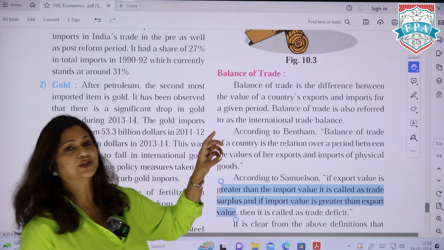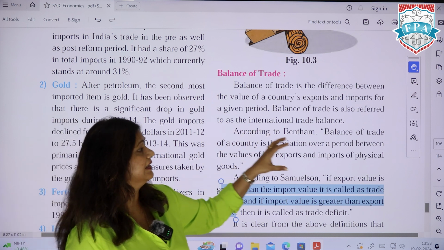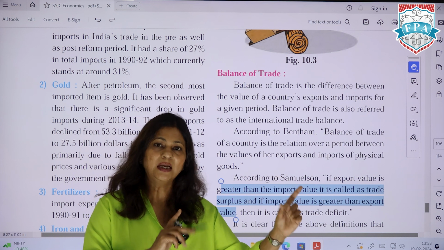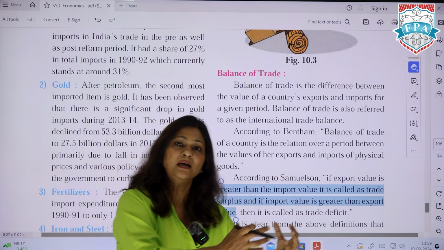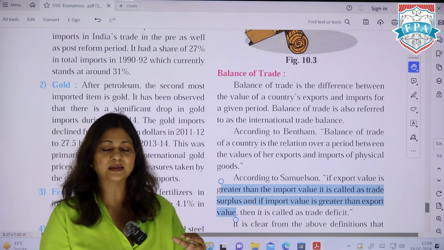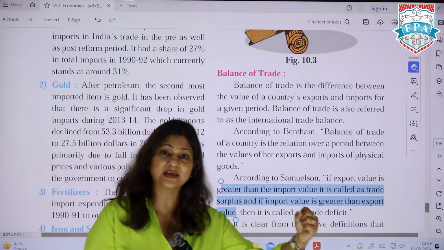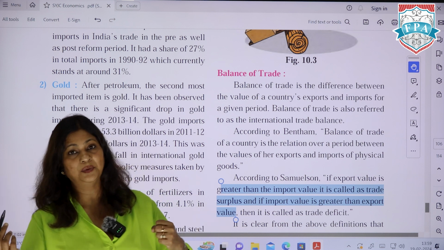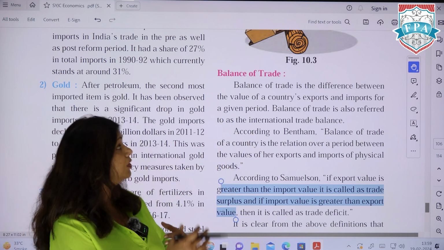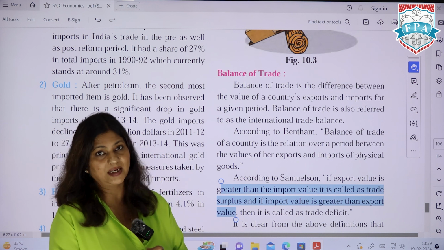Balance of trade is also known as the international trade balance. Balance of payment और balance of trade अलग होता है. Balance of payment is a systematic record of all the economic transactions which have happened between the residents of that country and the rest of the world. Balance of trade is the difference between the country's export and import at a given period of time.